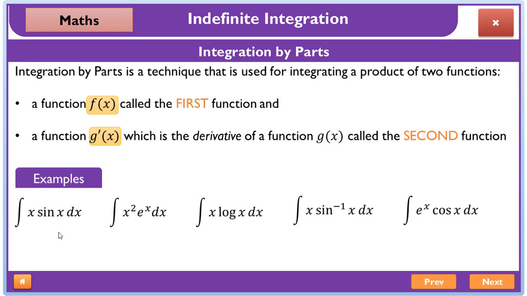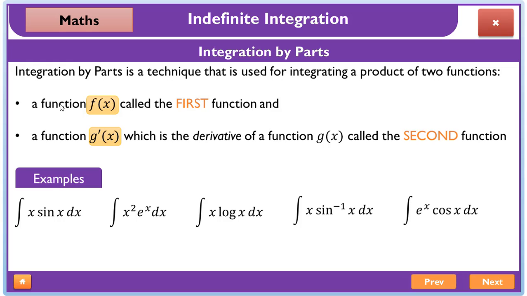You can see here this integral is a product of two functions, one is x and another is sin x. Similarly, x square and e to the power x, x and log x, x and sin inverse x, e to the power x cos x. Integration by parts is used generally when the integral is a product of two functions.